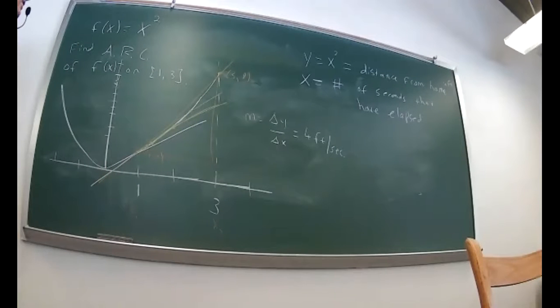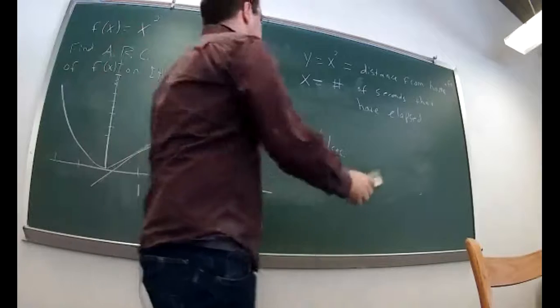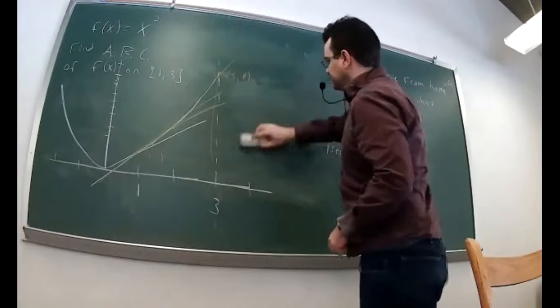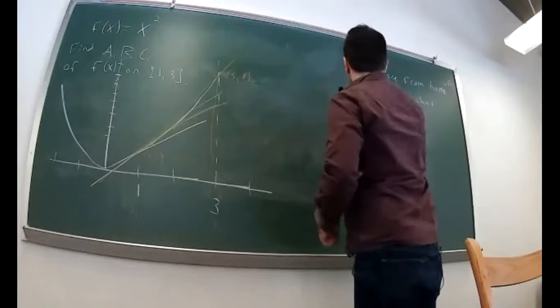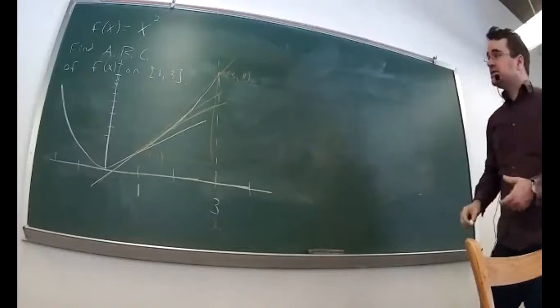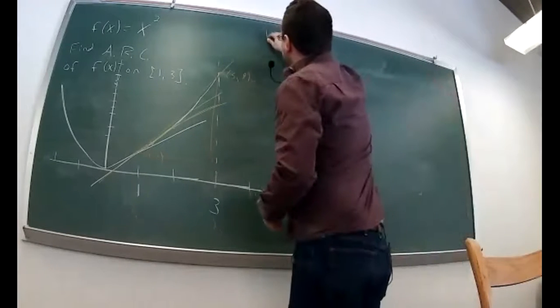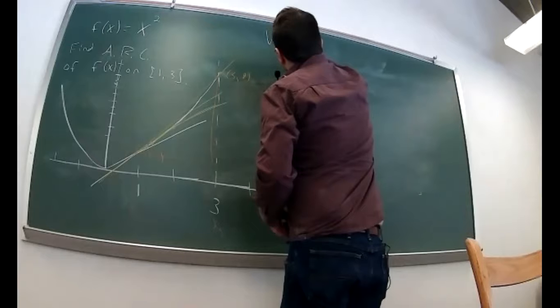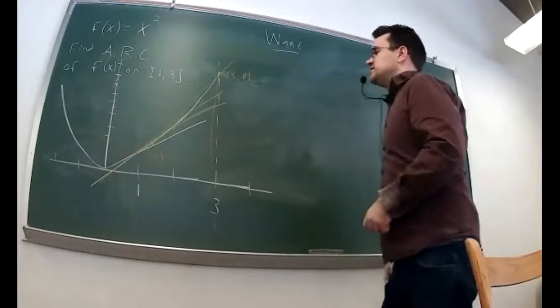But let's not get ahead of ourselves. Let's actually try to do this. Let's see if we can calculate or get an idea for our instantaneous rate of change or instantaneous velocity.